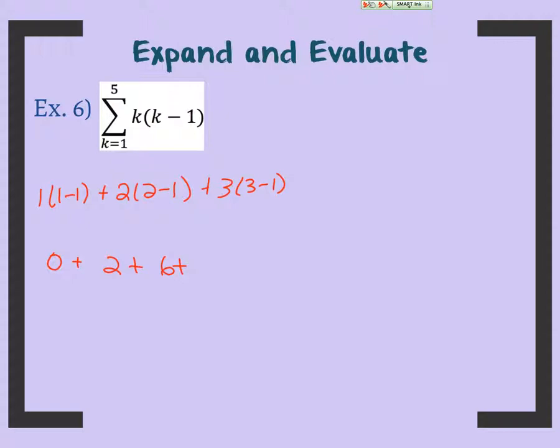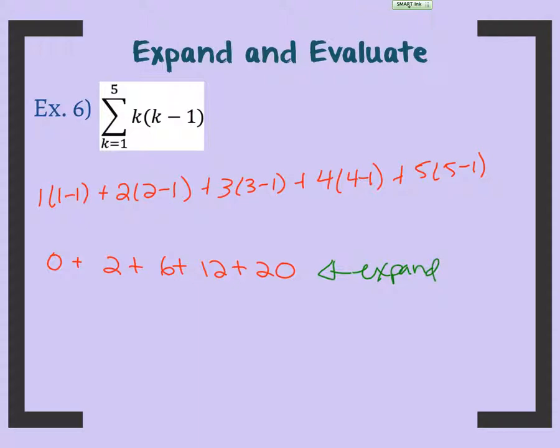Then I've got to plug 4 in there. So 4 minus 1 is 3. 3 times 4 is 12. 5 minus 1 is 4. 4 times 5 is 20. So that's the answer for the expansion when I expanded that.